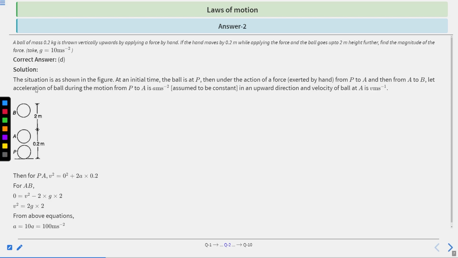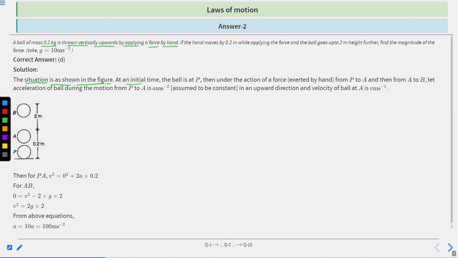A ball of 0.2 kg is thrown vertically upwards by applying a force by hand.